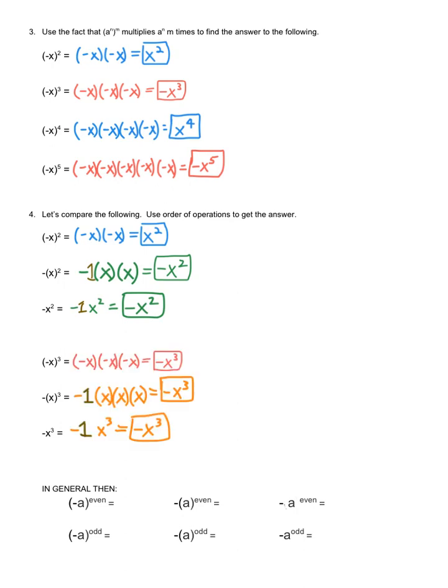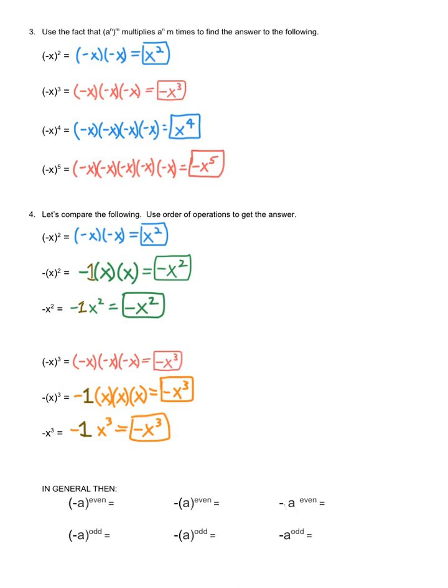We already saw (negative x) to the power of 3 in number 3 up here. So again, that was just negative x times negative x times negative x, because what was inside the parentheses was happening 3 times, which gives me negative x to the third.